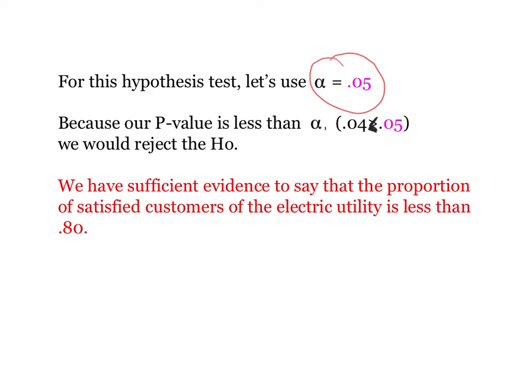And then our final conclusion would be, we have sufficient evidence to say that the proportion of satisfied customers of the electric company is less than 80%. Okay, so remember, less than 80%, that was the alternate hypothesis, right? So we're saying, I have enough evidence that I think the real proportion was less than 80%. Okay, and that's because our p-value was less than the alpha that they asked for.